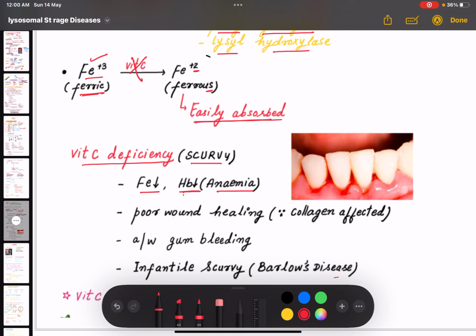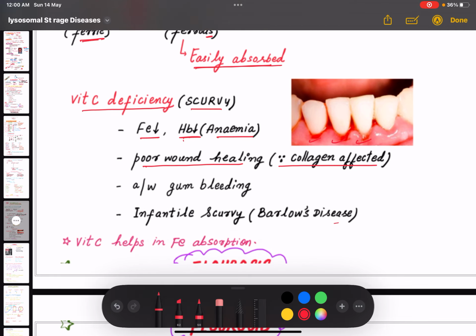That leads to bleeding gums, because the wall of the vessel becomes weak due to deficiency of vitamin C. Okay, and the patient will have poor wound healing, because collagen is affected, and the patient will have gum bleeding. If infants have scurvy, that's known as Barlow's disease.